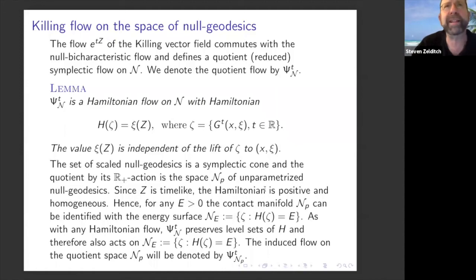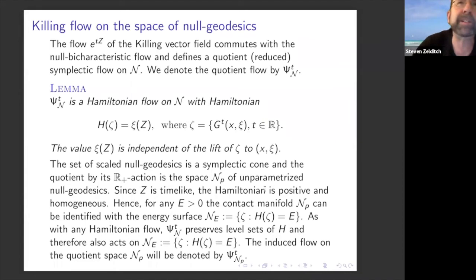And time translation means that you shift this spiraling curve up the time axis by some number of units, and then it comes back into itself. So that's what a periodic orbit of a Killing flow on the space of null geodesics is. The Killing vector field commutes with the box operator because it's isometries.